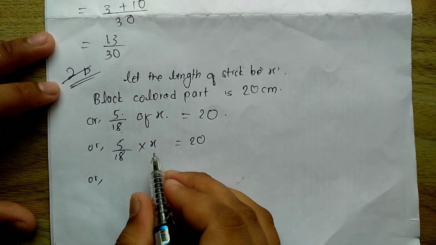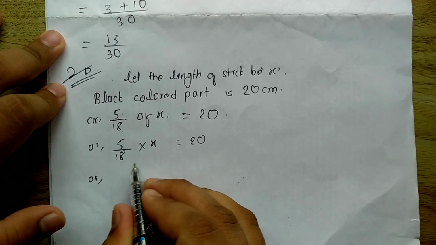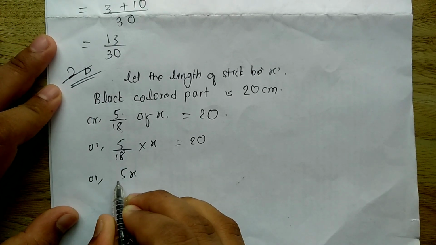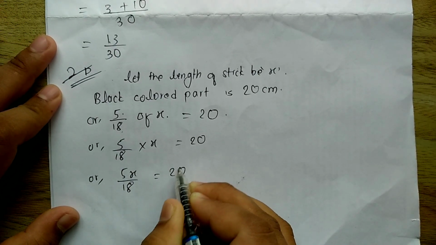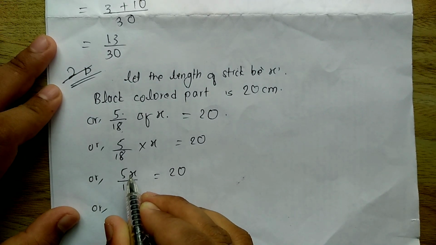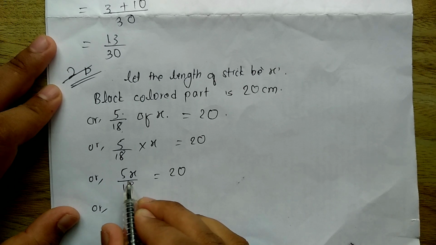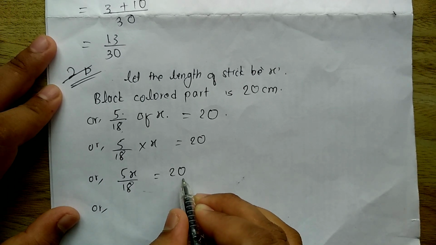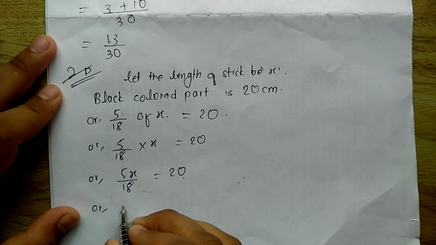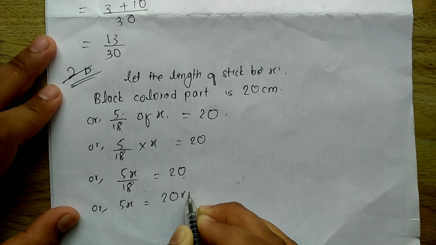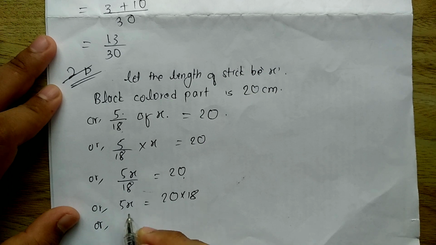Now here you can see 5x will be there, 18 will be there and 20 will be there. Here 18 is in the denominator part. When it goes to the other side, it will be in the numerator part. So 5x equals 20 into 18. Again, 5 into x is there, so this 5 is in the numerator part.